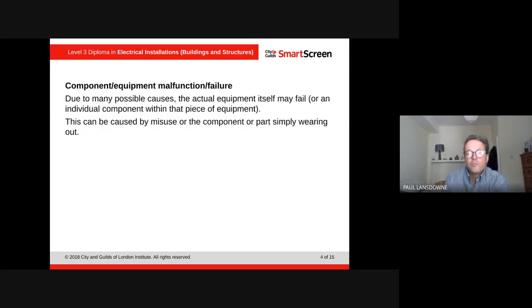Component or equipment failure, malfunction. Due to many possibilities, the actual equipment itself may fail, or an individual component within a piece of equipment. This could be caused by misuse of the component, or simply it wearing out.